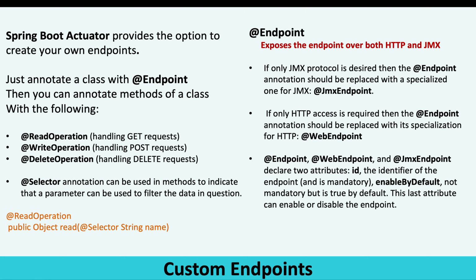Spring Actuator provides an option to create your own endpoints. If you want to create an endpoint, all you need to do is create a class and annotate it with @Endpoint. And that class must be a Spring Bean, which would mean that it will be annotated with one of the stereotype annotations, @Component or its other specializations of a component, like a service, a repository, all those others.